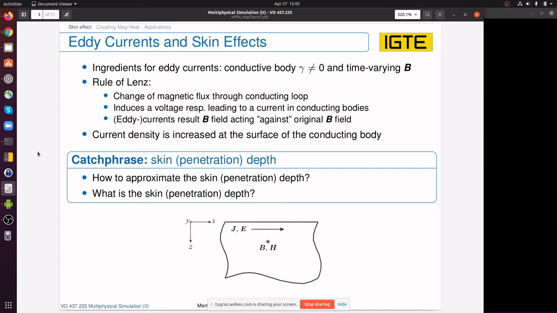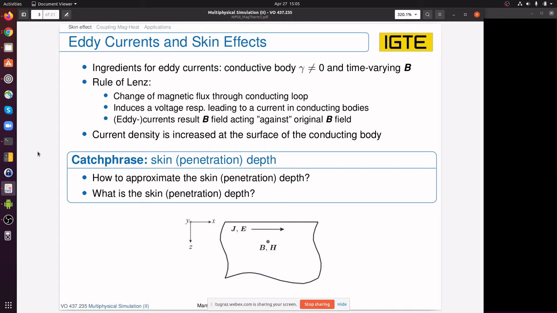Otherwise you get a decrease of J in E terms, so less Joule losses, which means less right-hand side in your heat PDE, so less dissipation and less heat sources. So that's not working that well. So you really want to make sure that your eddy currents don't cancel each other out.